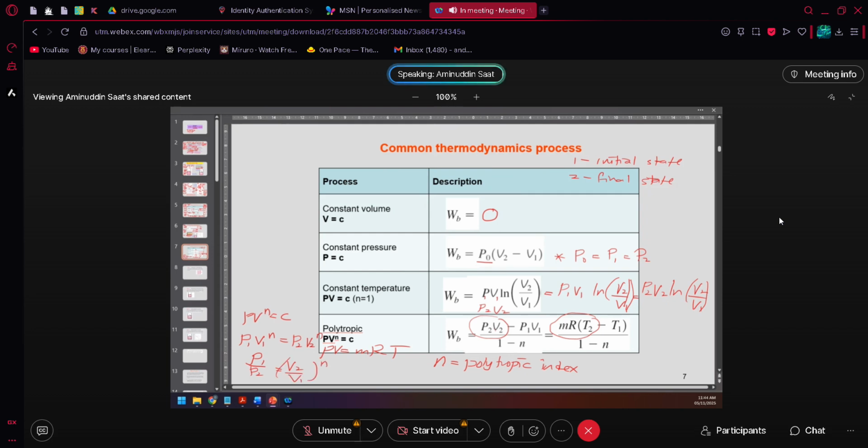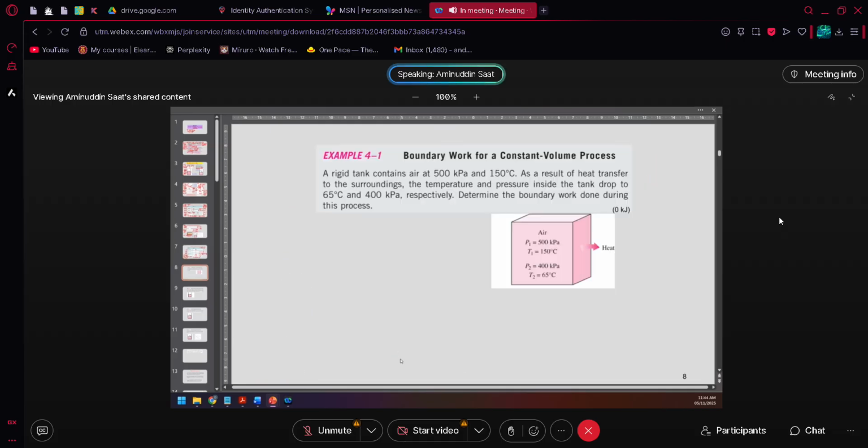It's some mathematics, rearranging the equation, but generally how you got this is from the knowledge of the ideal gas equation and also from the basic definition of boundary work. So these are the 4 processes that you need to understand in order to calculate the boundary work. Any question? If not, we go to the examples.